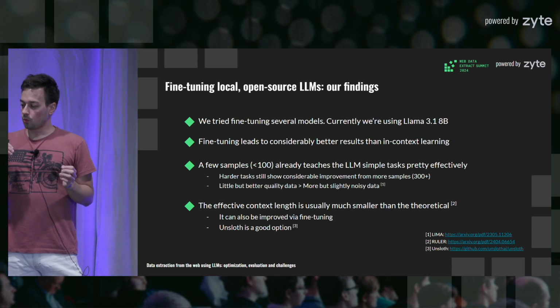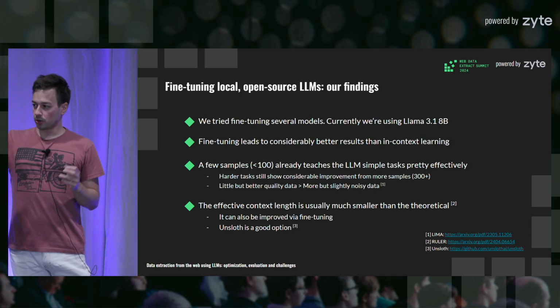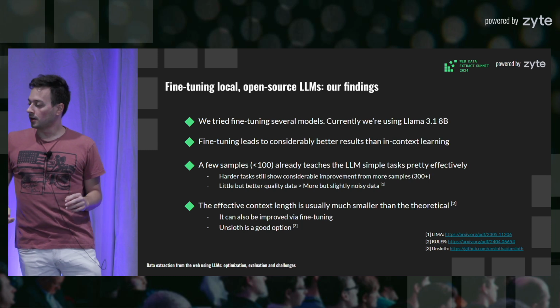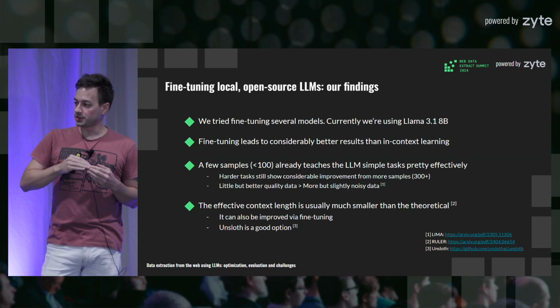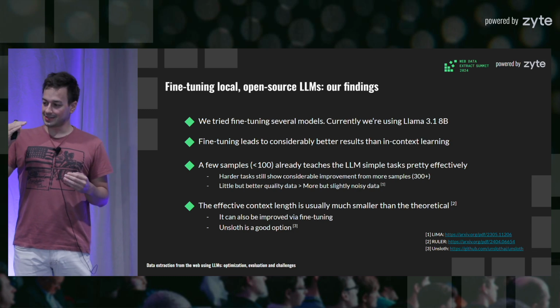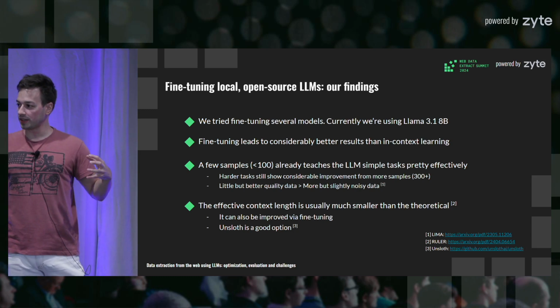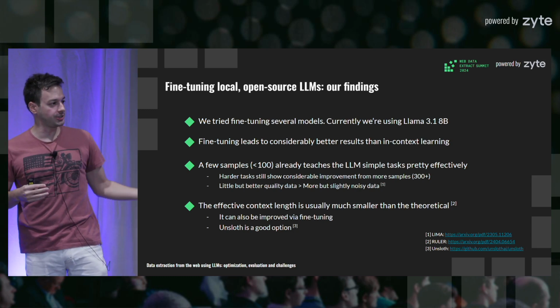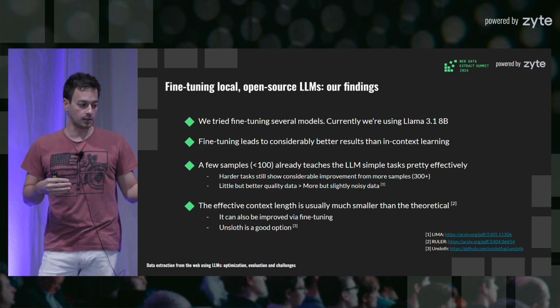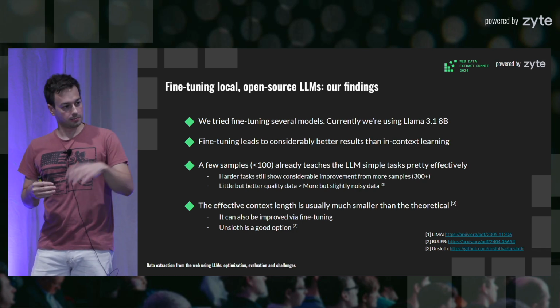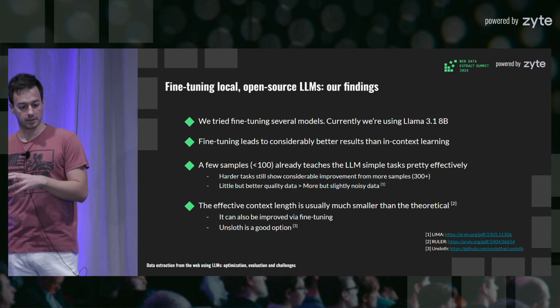But we saw, and this aligns very well with a paper that I pointed out here, that it's better, and this is very counterintuitive, to have little data that is very high quality than a lot of noisy data. I say this is counterintuitive because in classical deep learning it was completely different.